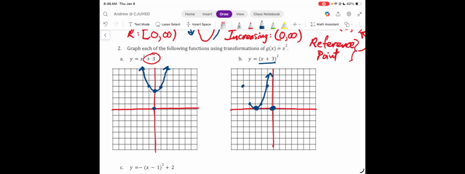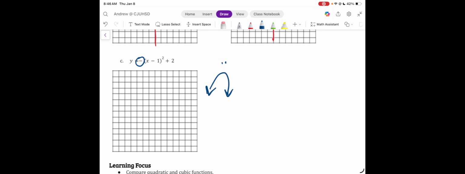And this last one, a couple of things are happening to it. So this negative out in front is going to flip it around. It's going to make it kind of a sad face parabola, right? Or crying. But the x minus 1 is going to shift it 1 to the right, and the plus 2 at the end is going to shift it up 2. So you do all those things at once.